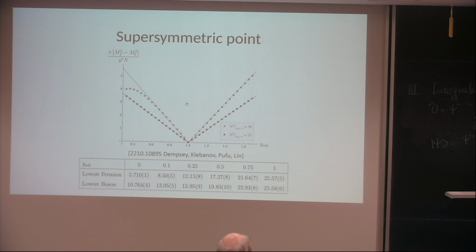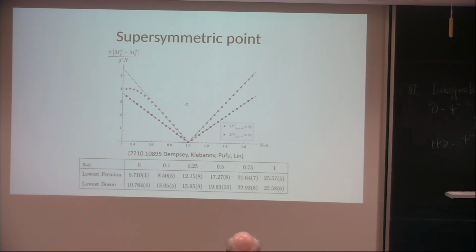It was done in this paper by Ross Dempsey, Igor Klebanov, Silviu Pufu, and Benjamin Lin. And you see that at some specific point, the first bosonic state intersects with the first fermionic state. At first it seems it's not something special, because these two curves belong to two different symmetry sectors. One is described by fermionic degrees of freedom, the other by bosonic degrees of freedom.